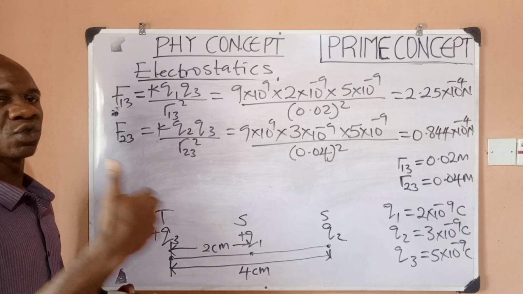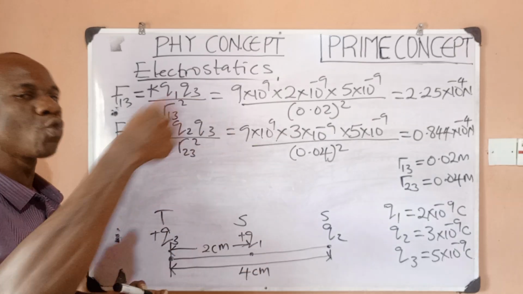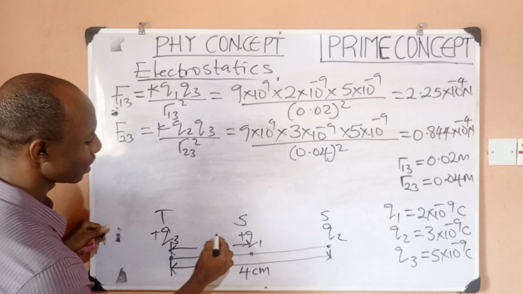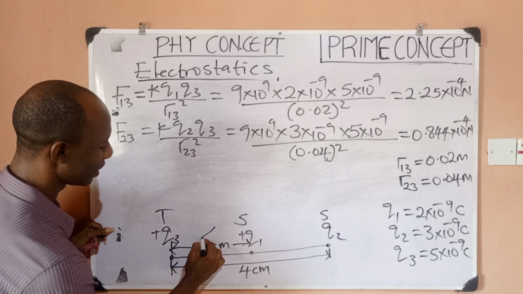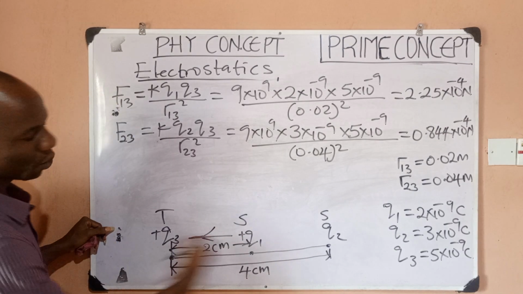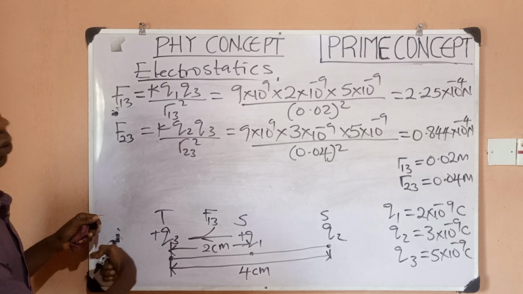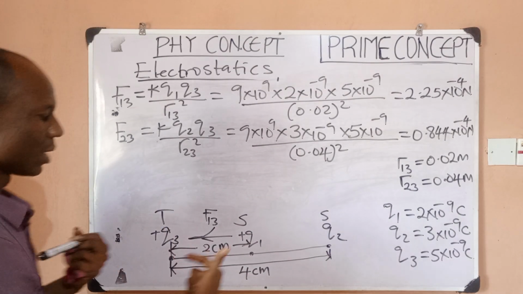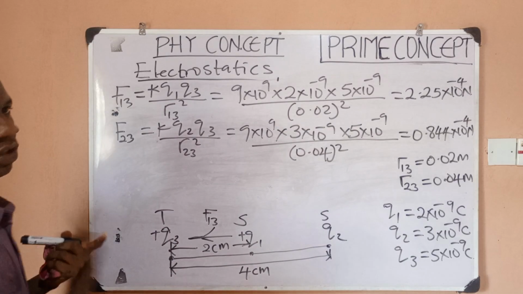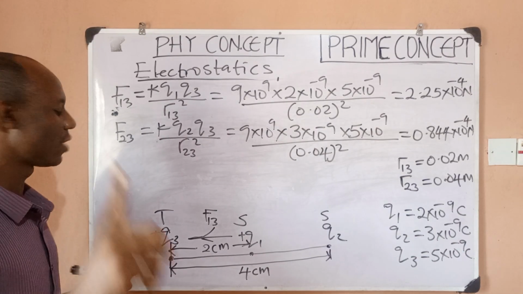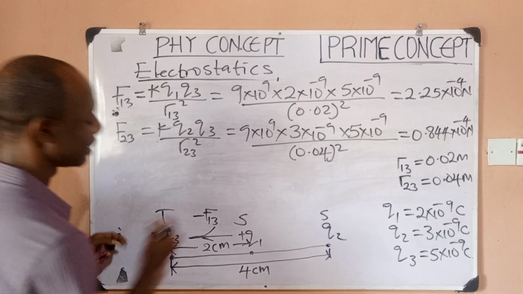Repulsive forces point away from the source. So this is my F13 pointing away. Anything pointing backwards is pointing negative. So this is negative.